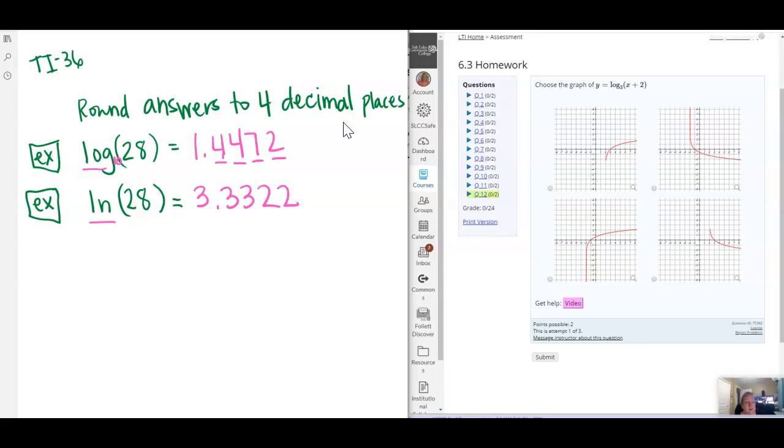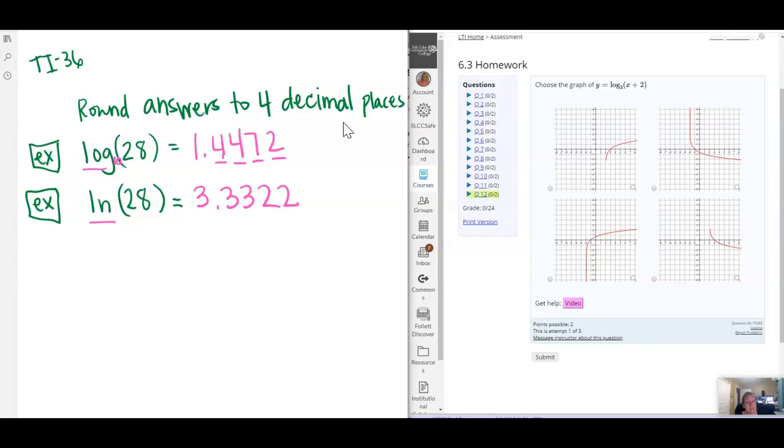Whenever you're dealing with something that just says log of some number, most calculators are just in base 10, so they don't give a log base. Some of them you can change the base in, but most of them you can't. It's just in base 10.